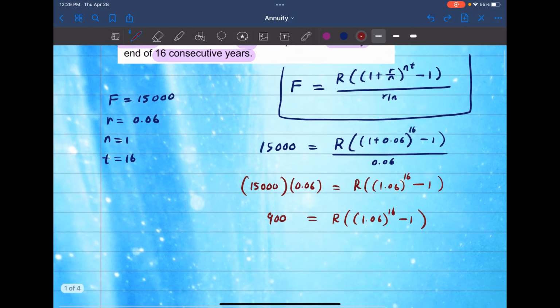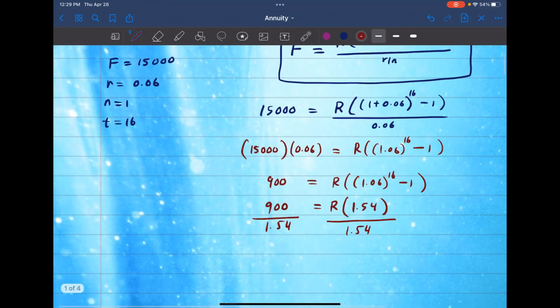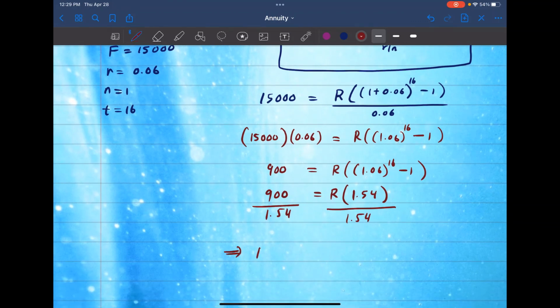So I can go ahead and plug that in my calculator. So 1.06 to the 16th power, subtract 1, that's about 1.54. And you have 900 to the left. Now let's go ahead and divide by that number, since that's the last thing we need to do to isolate R. So this is divided by 1.54 on both sides, and that will give you R is equal to 900 over 1.54.